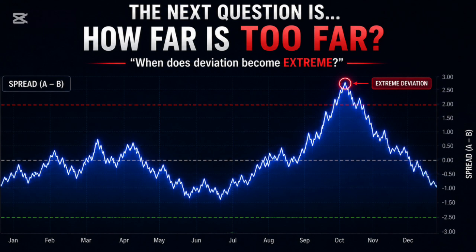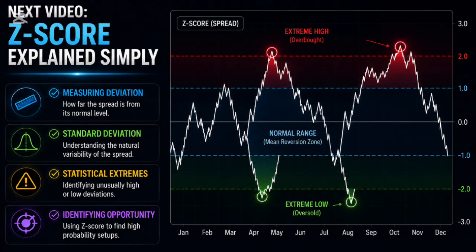How do we know, right? How do we know if the spread deviation has become extreme? So in the next video, I will explain what Z-score is, and trust me, this is where statistical arbitrage or pairs trading becomes even more powerful, right?